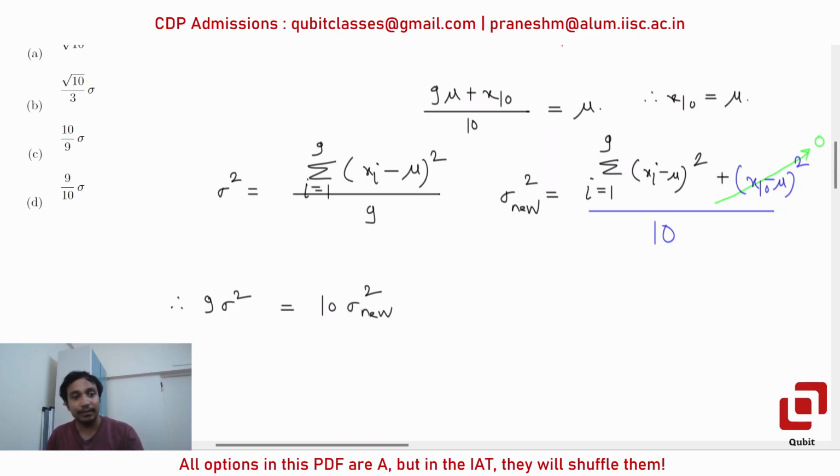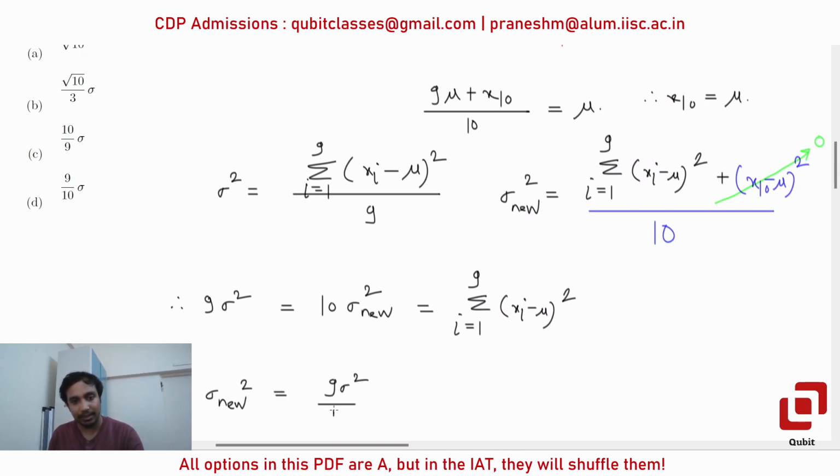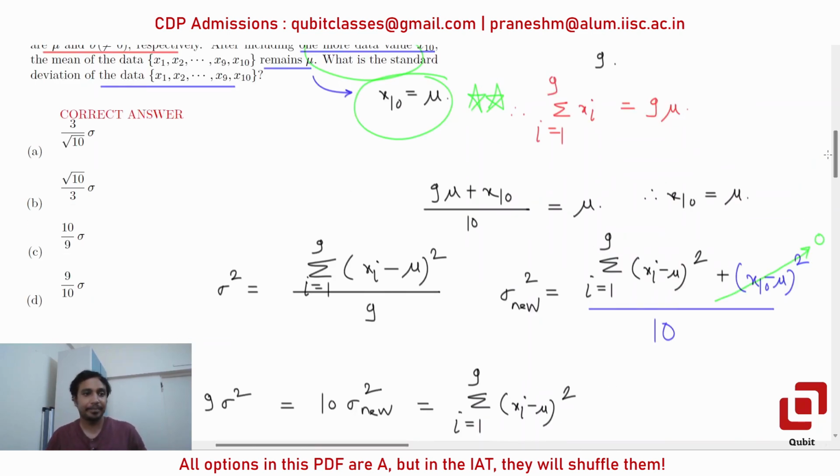Why? Because both of them will be equal to this particular expression, and therefore sigma nu squared is equal to 9 sigma squared by 10. Because standard deviation is the positive root of variance, it will be 3 sigma by root 10. Correct option is A.